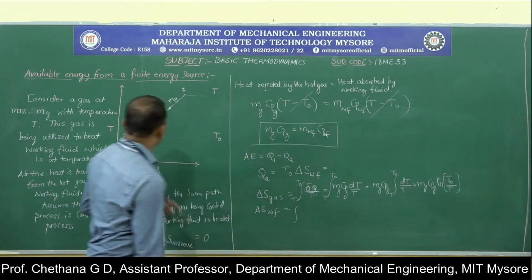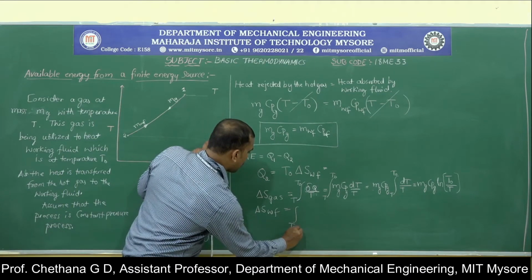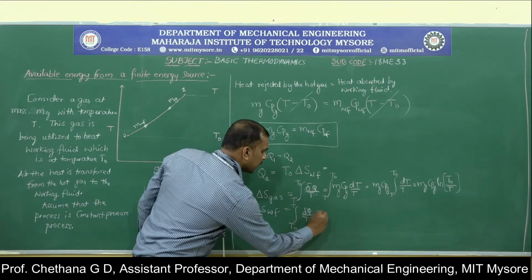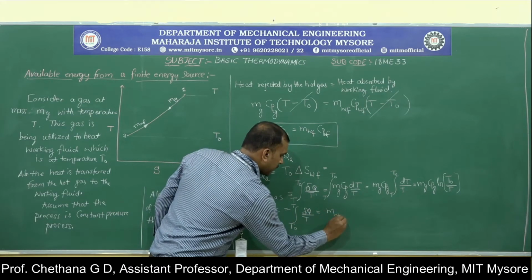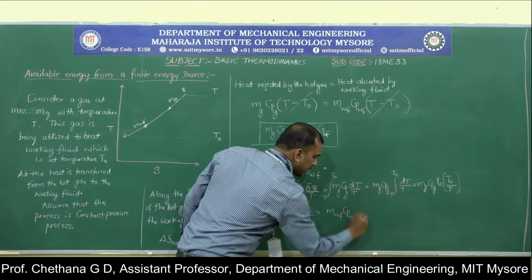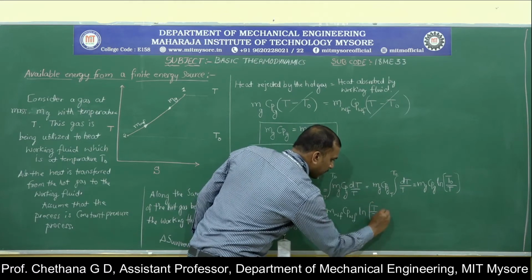For working fluid, what we have is that, T naught to T, delta Q by T. Now similarly, you expand mass of working fluid, Cp of working fluid, final expression I will write ln of T by T naught.